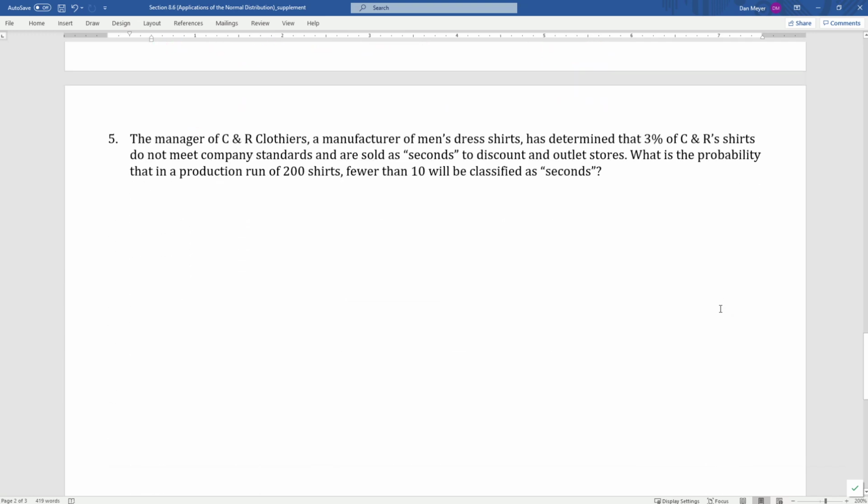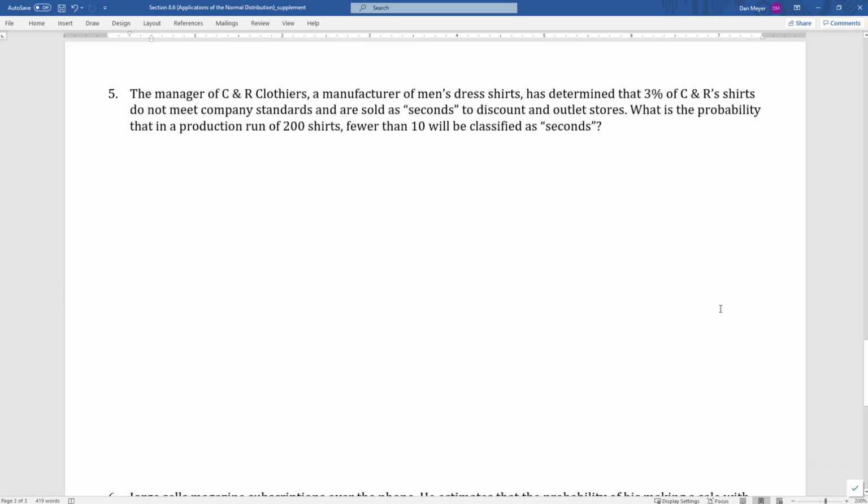Okay, number 5, the manager of C&R Clothiers, a manufacturer of men's dress shirts, has determined that 3% of C&R's shirts do not meet company standards and are sold as seconds to discount and outlet stores. What is the probability that in a production run of 200 shirts, fewer than 10 will be classified as seconds?